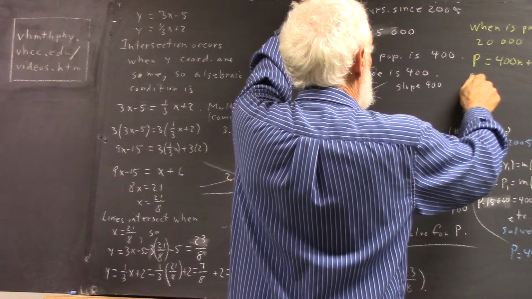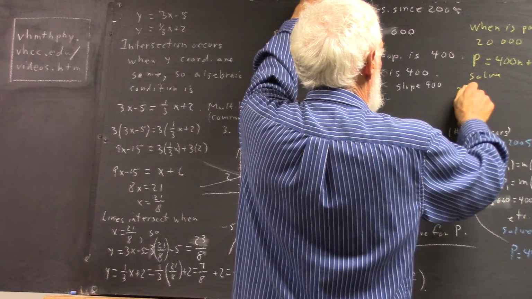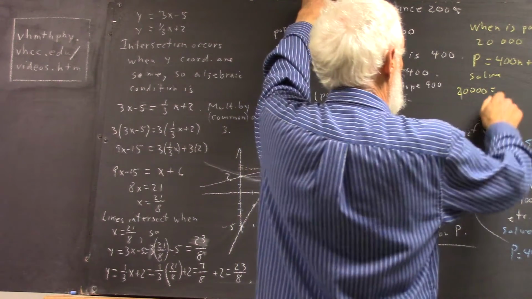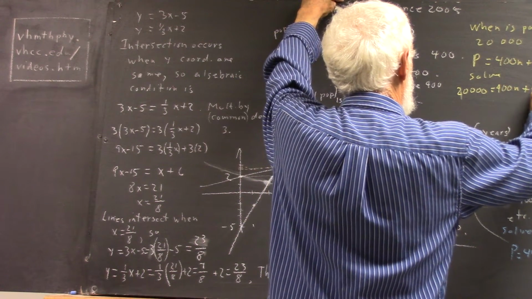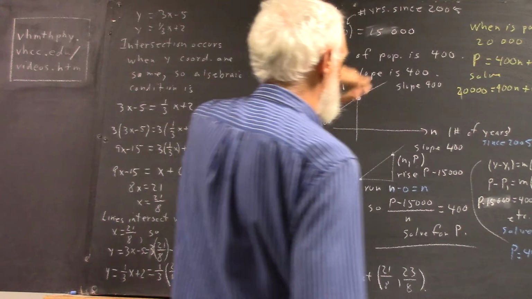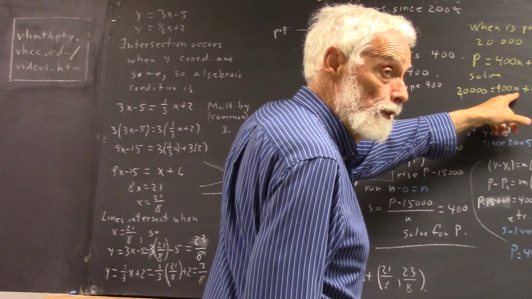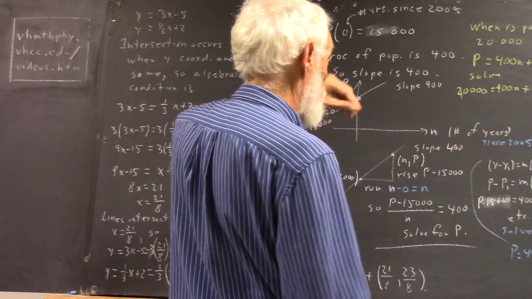So we solve the equation. 20,000, that's the population we want to get, equals 400n plus 15,000. We solve this for n. N is the number of years. It tells us how many years are going to pass before the population reaches 20,000.